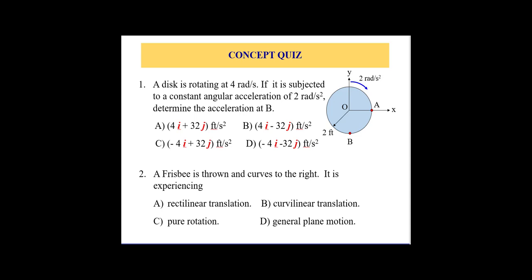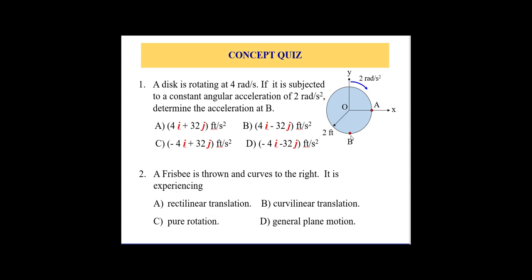Okay, let's take a concept quiz. A disk is rotating at 4 rad per second, where point A is crossing axis X. If it is subjected to a constant angular acceleration, which is clockwise, 2 radian per second squared, determine the acceleration at B. Acceleration of B has two components.